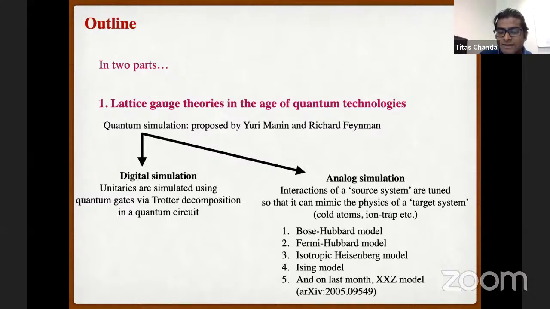In past years, the community has been successful in simulating various theoretical models like the Bose-Hubbard model, Fermi-Hubbard model, isotropic Heisenberg model, and even the Ising model. And last month, even the anisotropic XXZ model. This result is very new, and these models are no longer only theoretical, but also have practical importance from the point of view of quantum simulation.